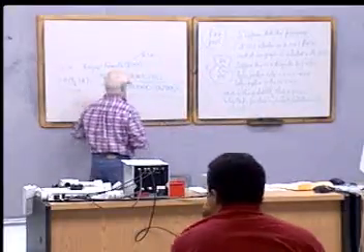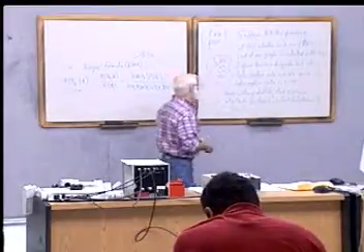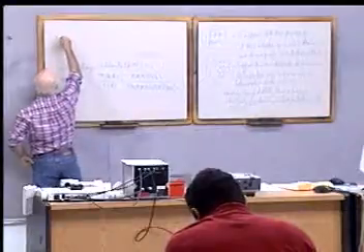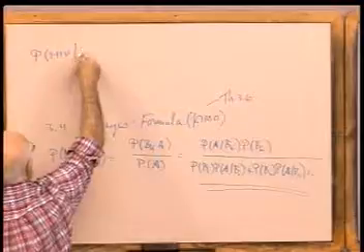And now the formula is this. I want the probability that a person who tests positive is in fact infected with HIV. So what I'm asking for is, what's the probability of HIV given a positive test?